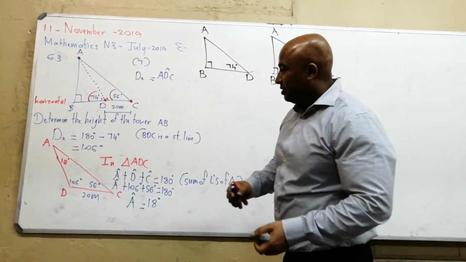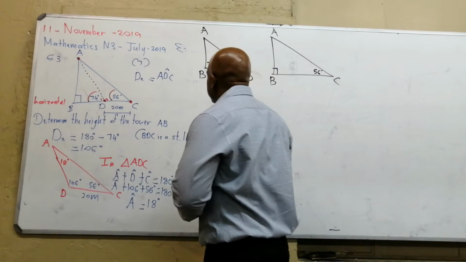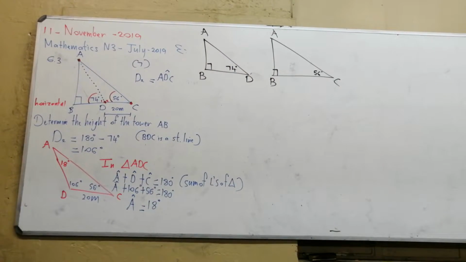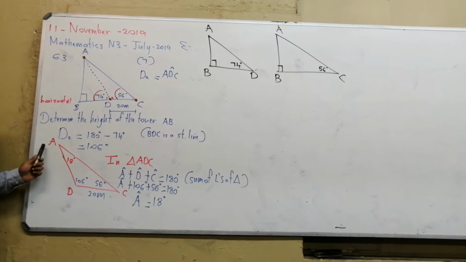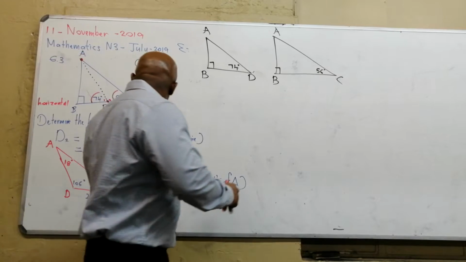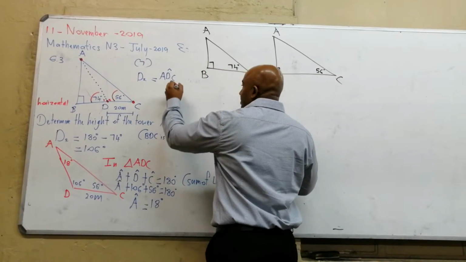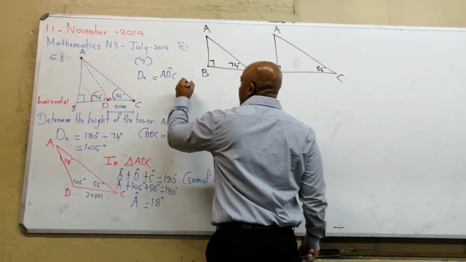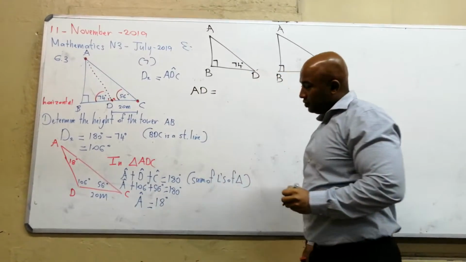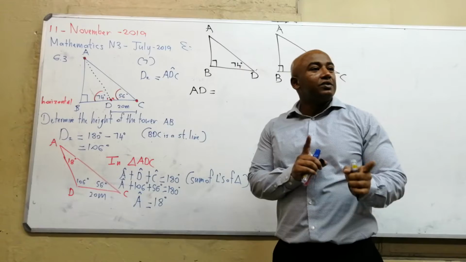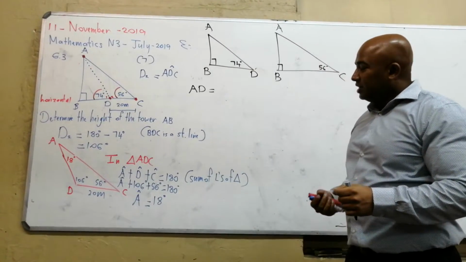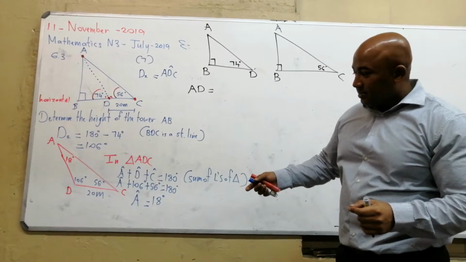So what is AD? Let's go back here. What is AD? So AD is equal to, we're going to label it using small letters. So we can write down the formula here. What is AD?